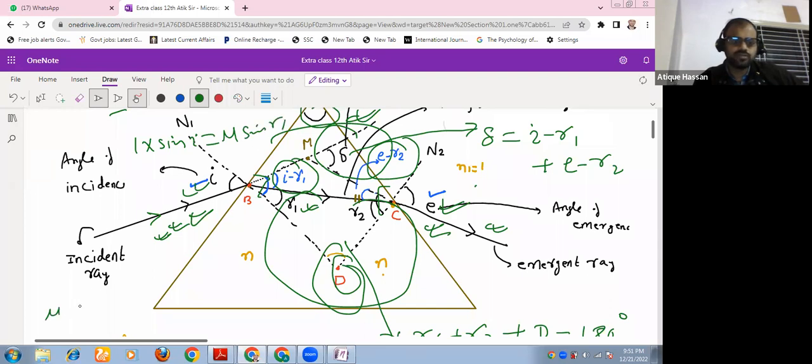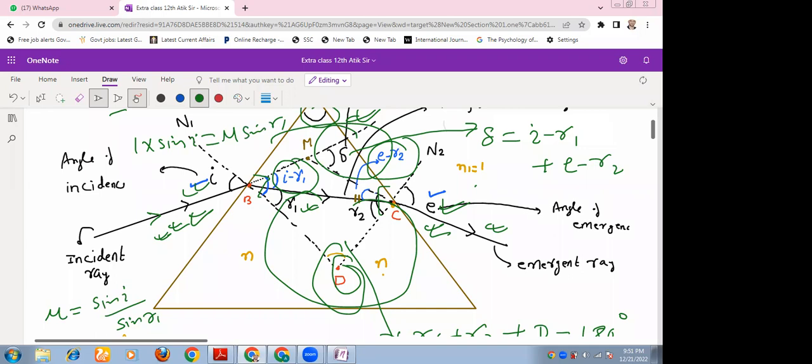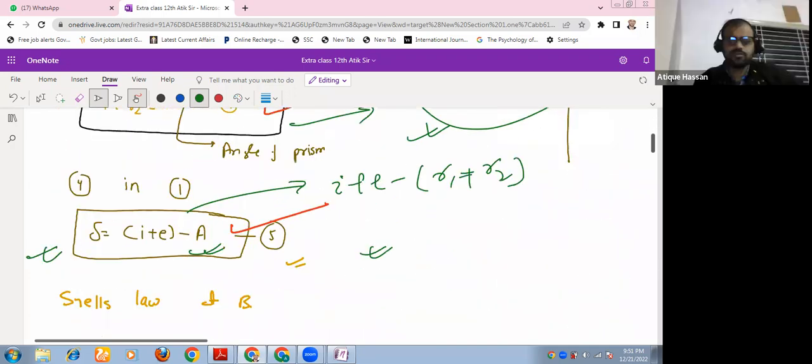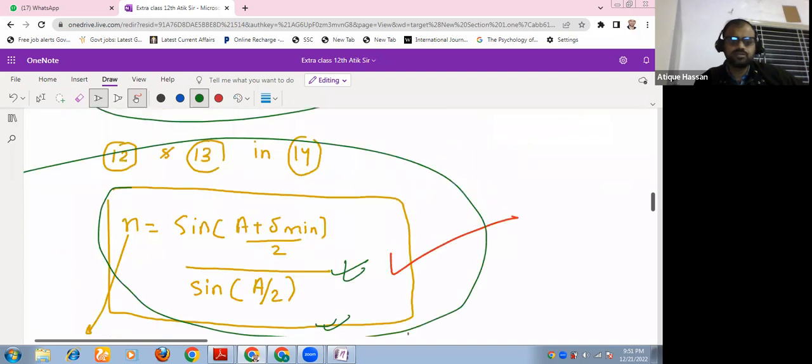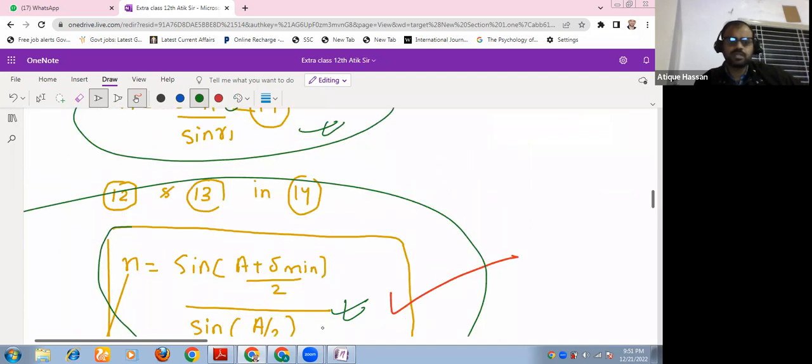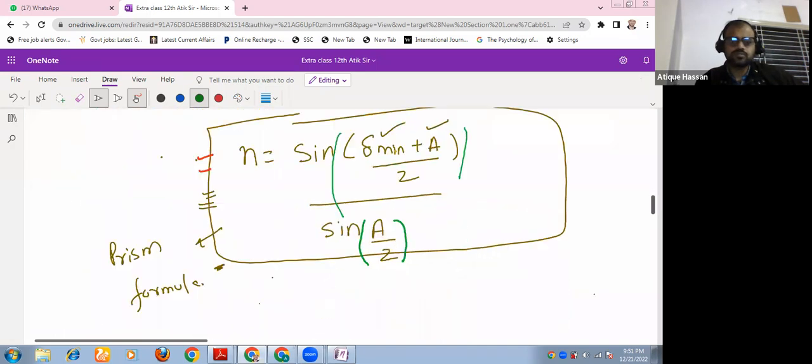So from here you will get mu equal to sine I by sine R1, from Snell's law only. Got it? Yes, sir. So we have put the value of I, and we have put the value of R1, which is A by 2. So you got sine of A plus delta minimum by 2, by sine A by 2. Got it? Yes, sir.